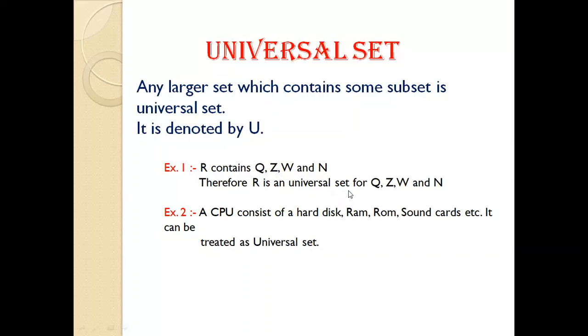Therefore, R is a universal set for rational, integer, whole and natural numbers. The second example is a CPU, which consists of hard disk, RAM, ROM, sound cards, etc. That's why it can be treated as a universal set, because a universal set contains some subsets according to our definition.